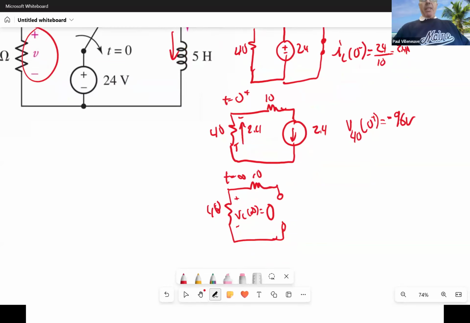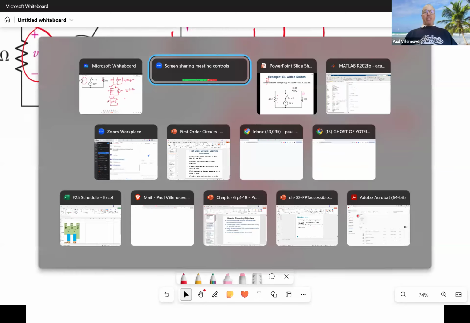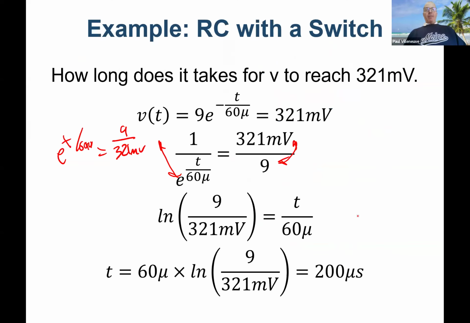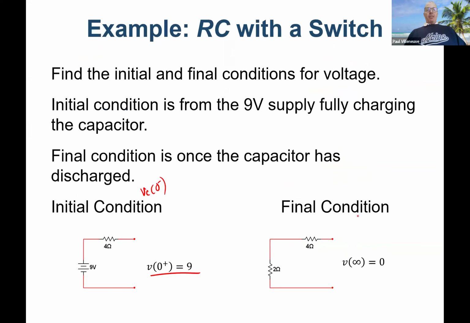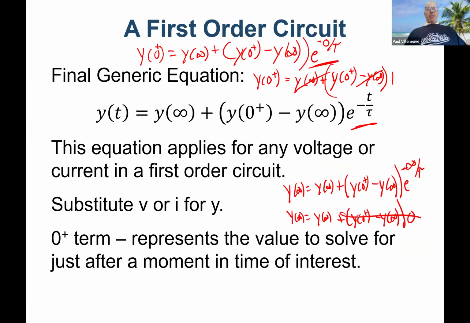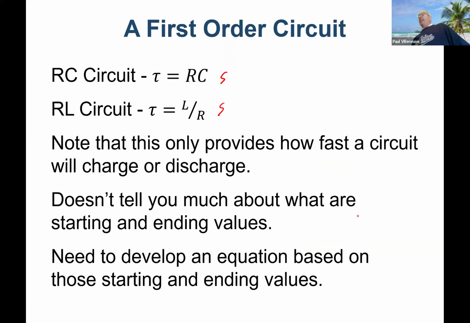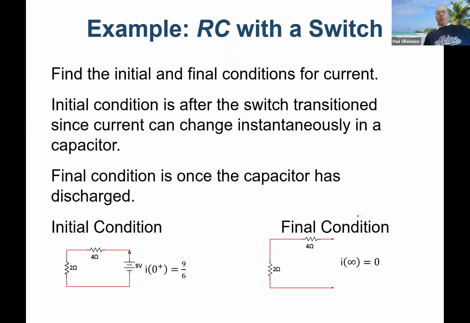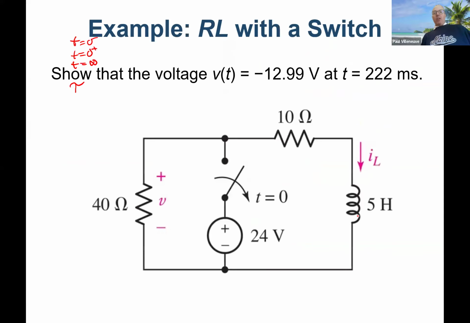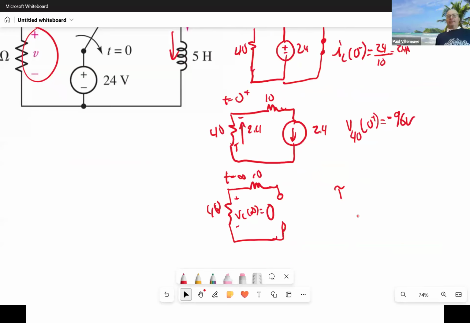Now I only need my time constant. And what should I use for my time constant? Remember all the way back at the beginning, when we talked about setting up circuits, we had our expression that tau is equal to L over R, correct? So what is L and what is R in this circuit? L is pretty easy.